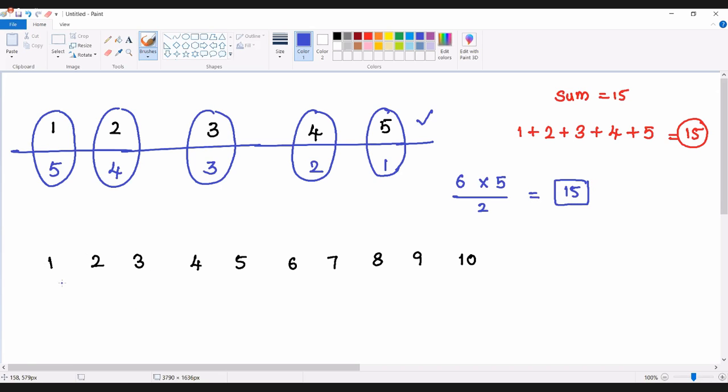Similarly, for the numbers 1 to 10, if you want to find the summation, write them in the forward direction and in the reverse direction.